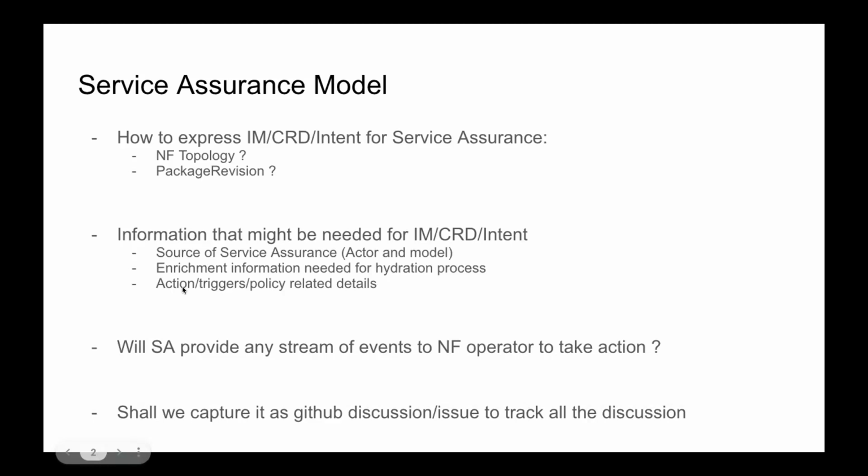Furthermore, items like action, trigger, and policy should also be captured somewhere, right? Because once we get a trigger, like some NF is not working properly, we need to take some action like scale in, scale out, or even a healing action. Or we need to trigger some policy. Somewhere we need to say what policy we need to take and in which particular scenario. So this should also be captured in our CRD for service assurance, right?